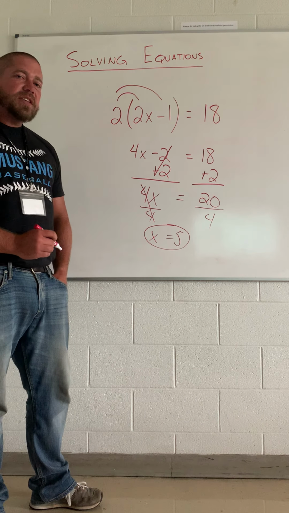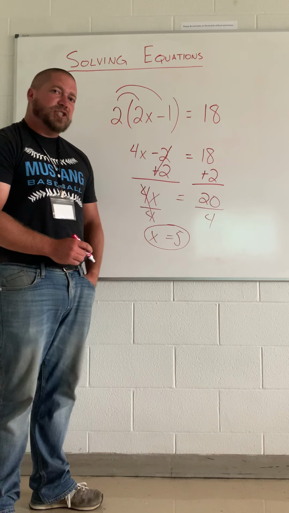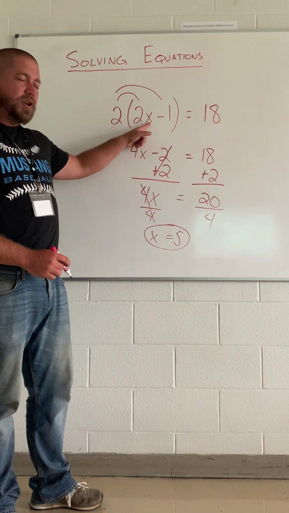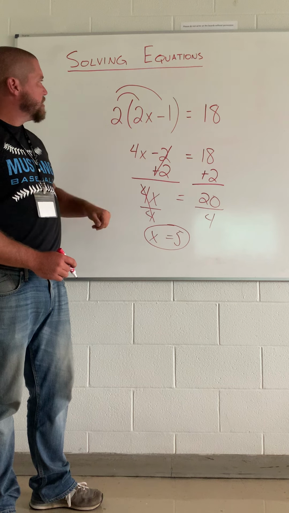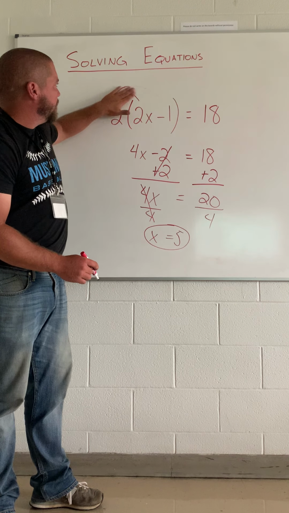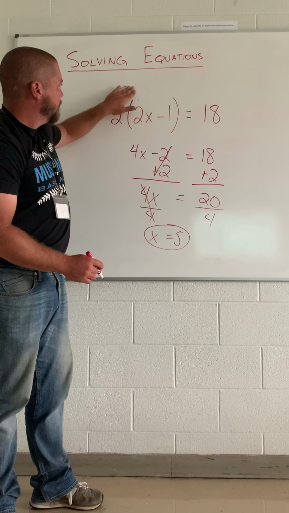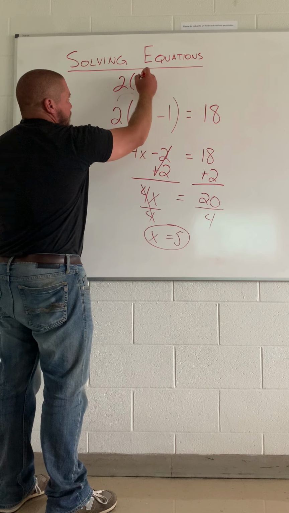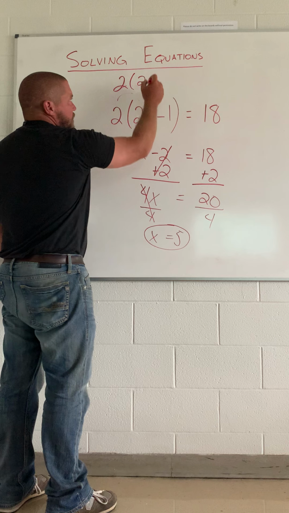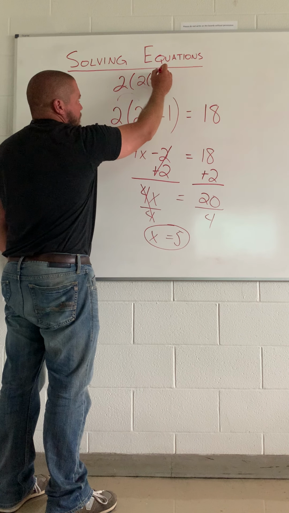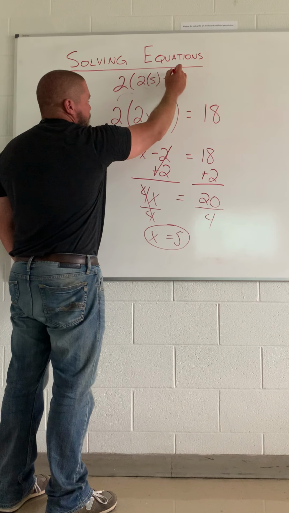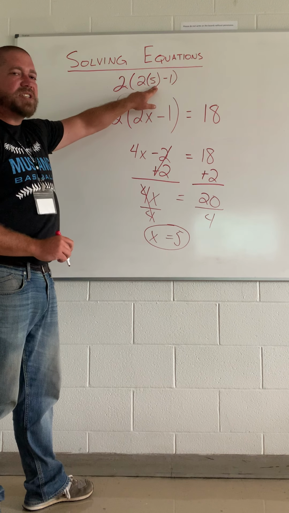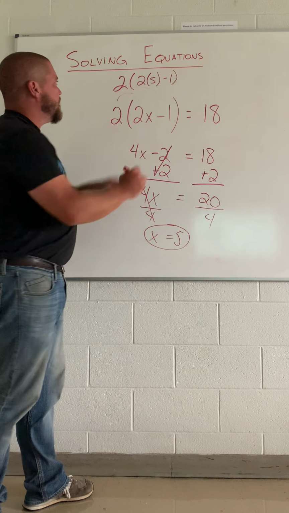Okay, and just like the last video, you could go back and check your answer. You can plug your 5 in for your x. So in this case, if we plug that 5 in, we're going to end up with 2 times 2 times 5 minus 1. 2 times 5 is 10. 10 minus 1 is 9.